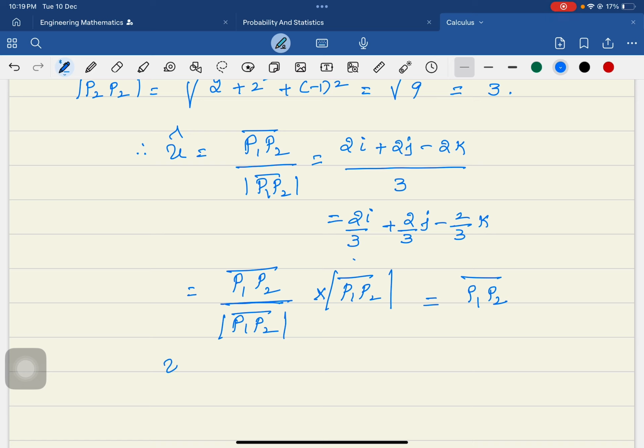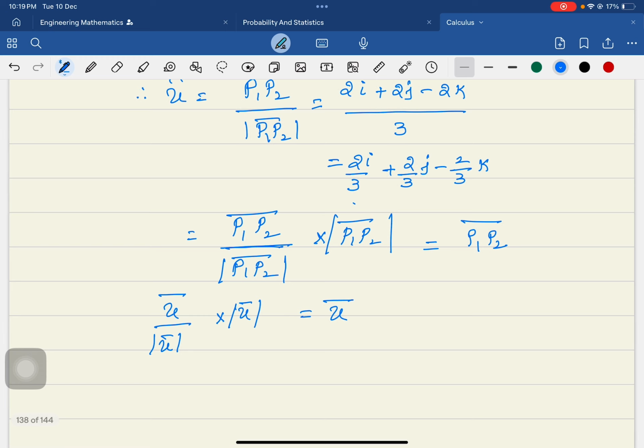So what is meant by this? U bar by mod U bar multiplied by mod U bar gives you the vector U, correct? This and this get cancelled and you will remain with the original vector. So what do you mean by this? This U bar by mod U bar is the unit vector, and mod U bar is the length of the vector, and this is the original vector U.